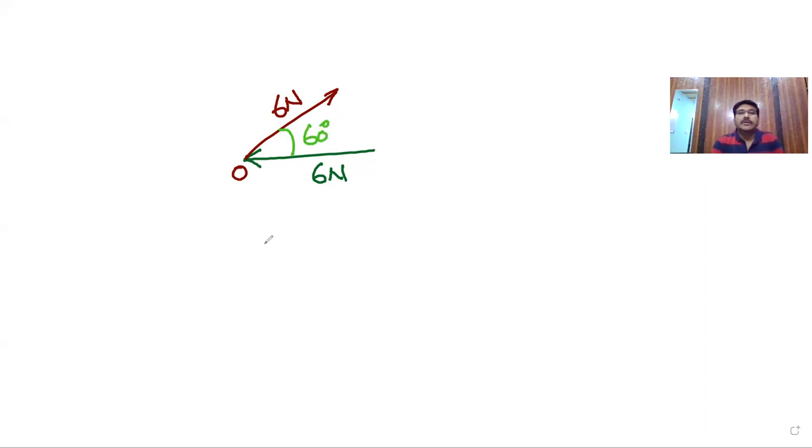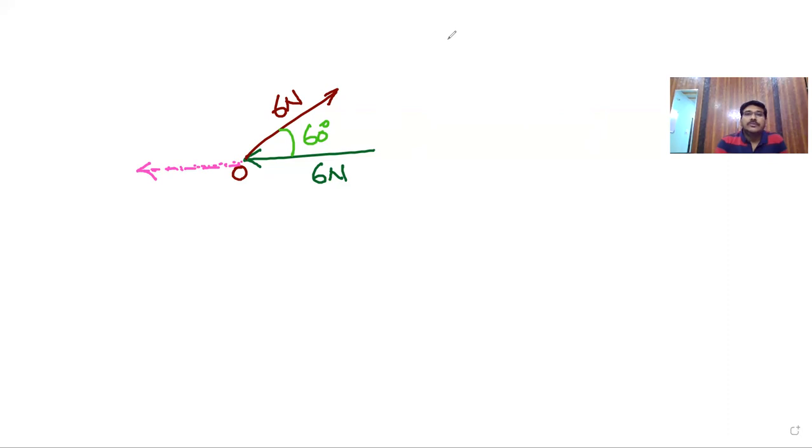Given angle, 60 degrees. Now he is asking the angle between them. Observe here carefully. If I extend the direction of this vector like this, the head is extended here.